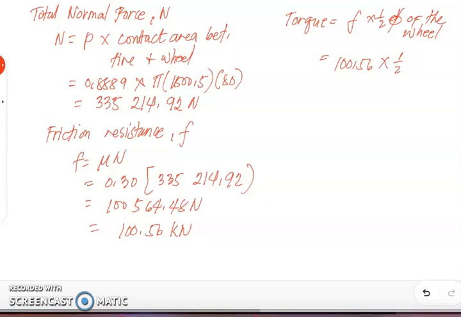So we have converted our value of 1500.5, so this gives us 0.75025. If we simplify this one, we have 75.44 kilonewton meter.